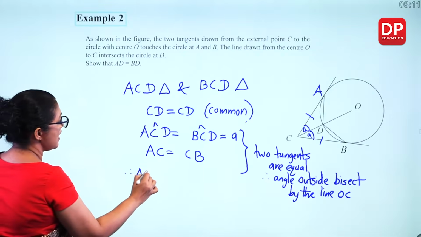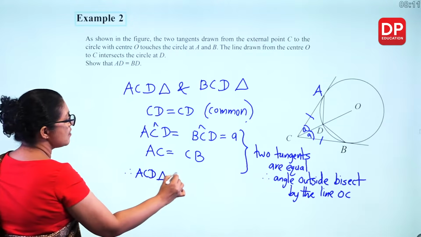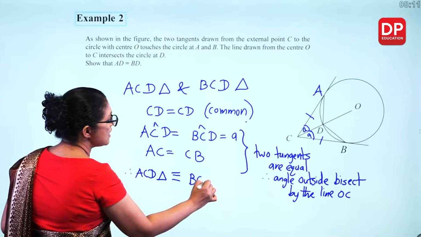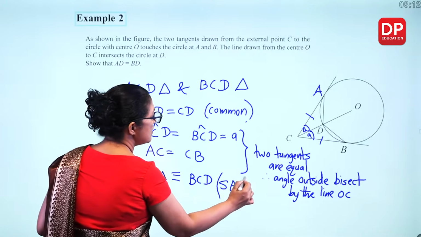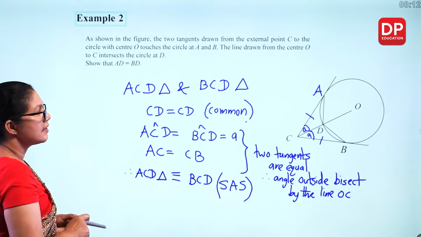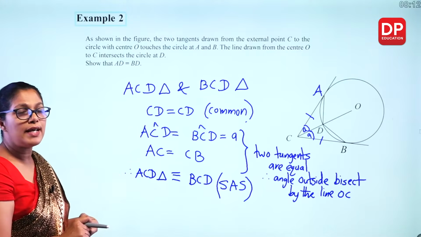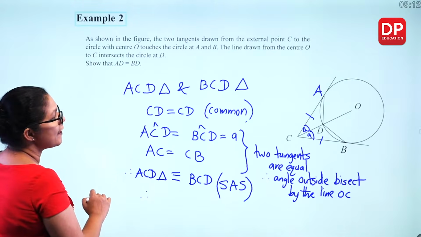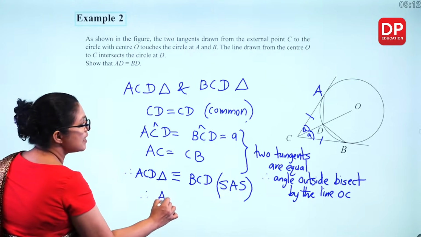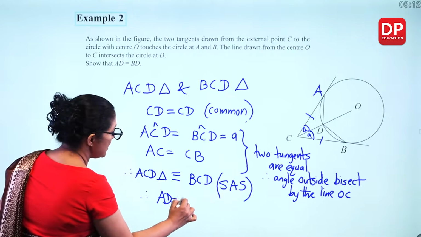Therefore, we can write ACD triangle is congruent to BCD triangle because of side, angle, side. So, therefore, the corresponding elements are equal. So, therefore, we can write AD is equal to BD.